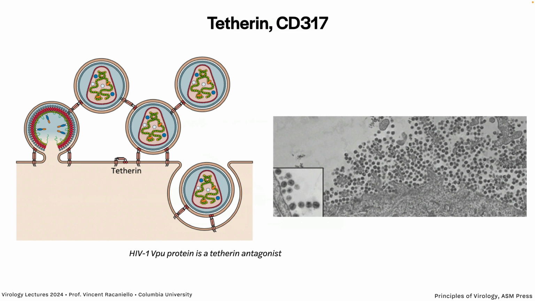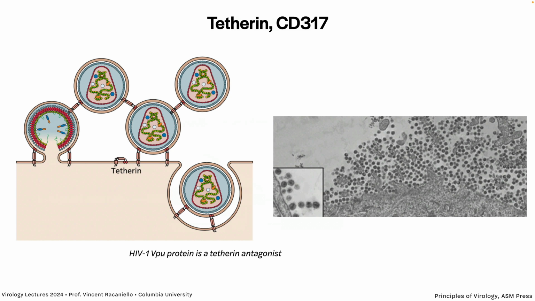So this is tetherin, this dimer that's present in the membranes. It binds to the cell membrane and to the virus membrane and prevents the viruses from leaving the cell. And you can see on the right is an electron micrograph of an HIV-infected cell where the tetherin is preventing the viruses from leaving, and they're just stuck on the surface of the cell.